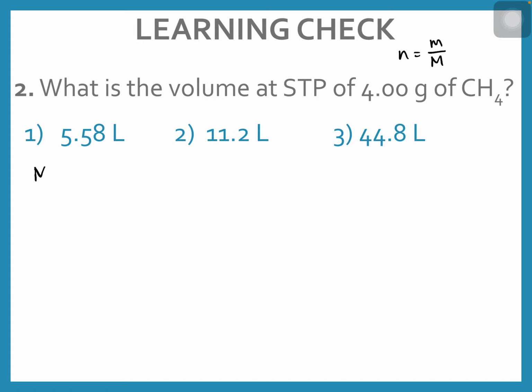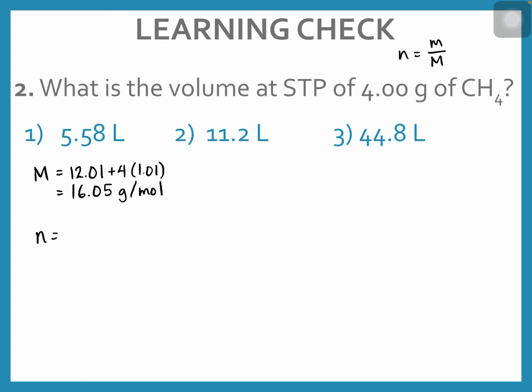So my molar mass of methane is equal to 12.01 grams per mole for the carbon, and 4 hydrogens at 1.01 grams per mole each. So 1 mole of methane gas is 16.05 grams.